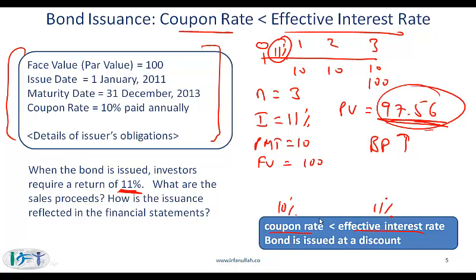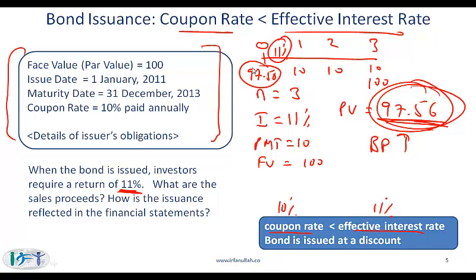That is 11%. When this happens, the bond is issued at a discount. And the way you can think of it is, if you are an investor, you are paying 97.56 over here, but you are getting 10, 10, 10 and 100 back. So clearly this shows that you are getting a return more than 10%.